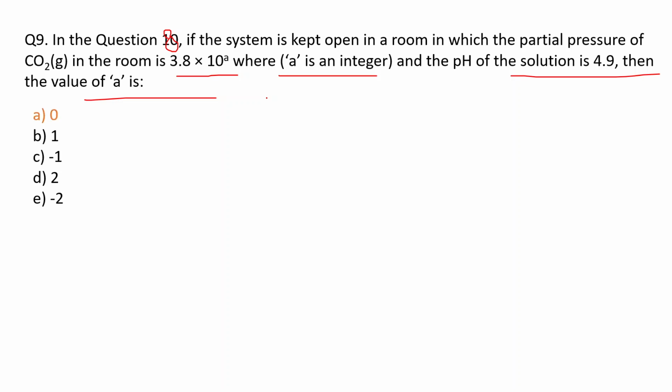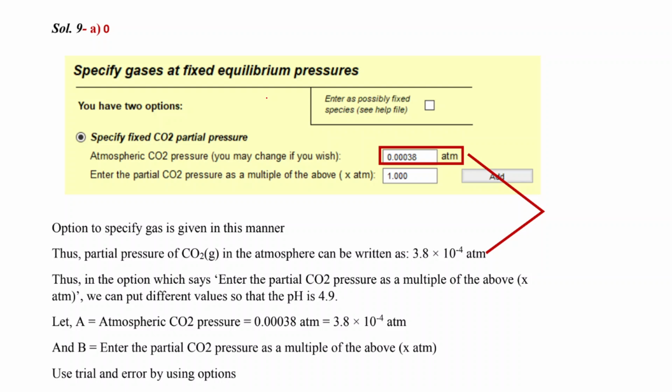So the answer is 0. We will see how. First, we will specify the gases at equilibrium, which is 0.0038 atm. Now, first iteration, it will be 1. Partial pressure is 3.8 into 10 raised to power minus 4 atm. Then in the option, we enter the partial pressure as a multiple of option X. We can put different values so that we can get pH 4.9.